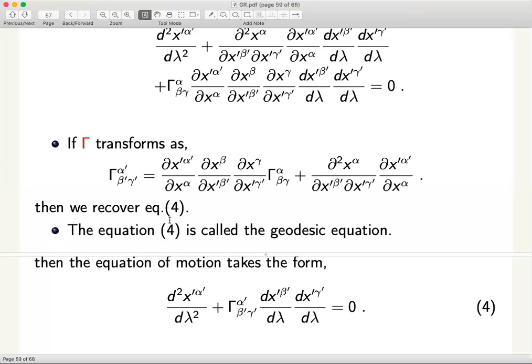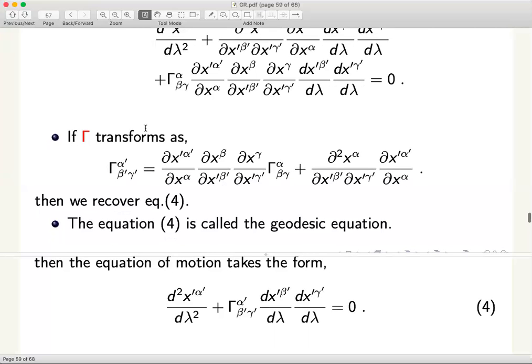So it is not that only tensors are very useful objects, even non-tensors are very useful objects, and throughout this course we will conveniently use the non-tensorial property of gamma as well as tensorial properties of various tensors that we will be dealing with.